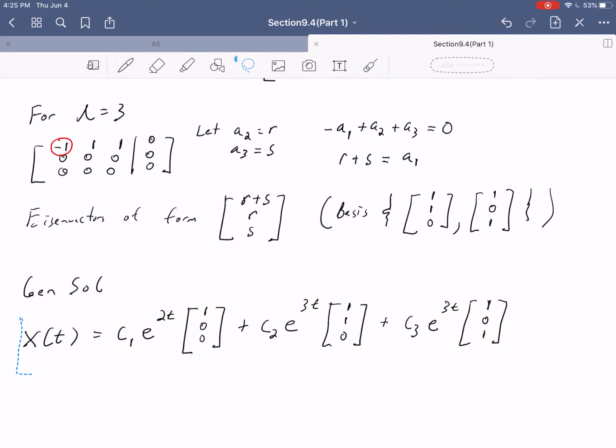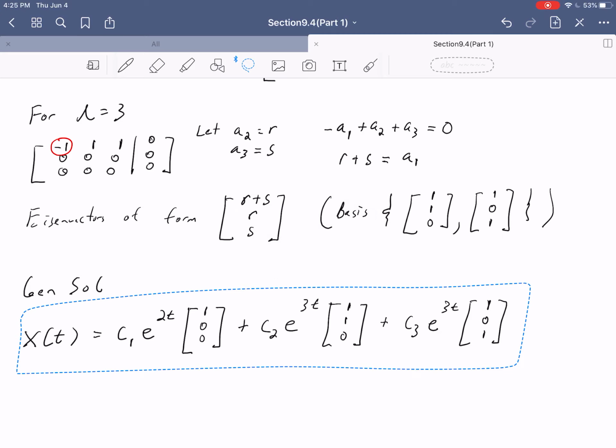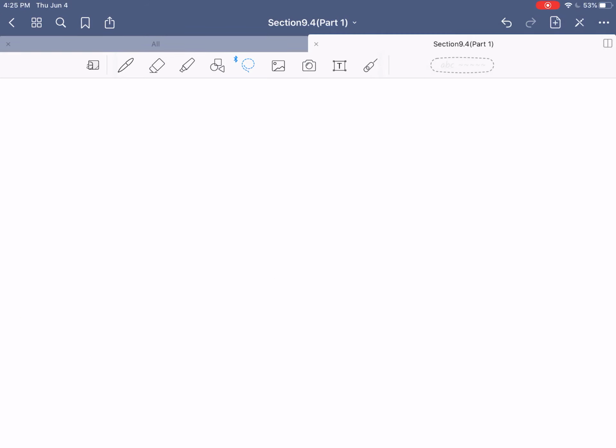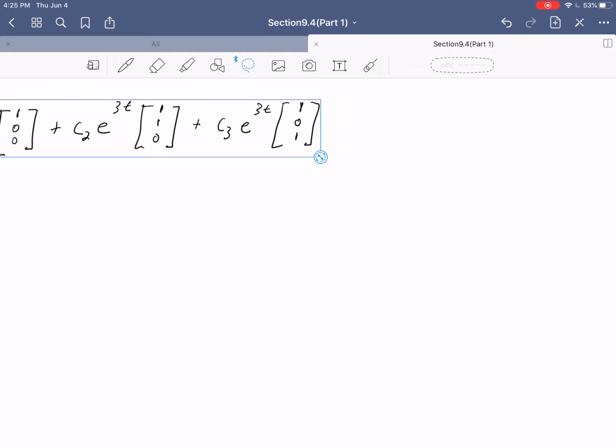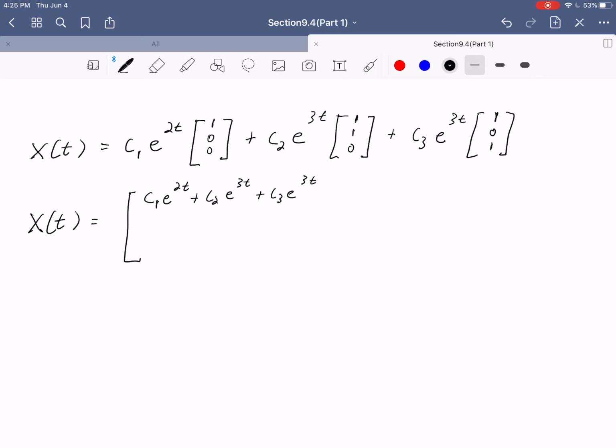I'm going to do this on the next page here. Okay, let's copy that. So let's rewrite this as x of t. It looks like it's going to be C1 e to the 2t plus C2 e to the 3t plus C3 e to the 3t.